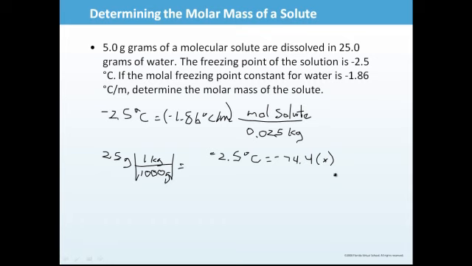To get X by itself, we would then divide both sides by this negative 74.4, just doing a little algebra there.